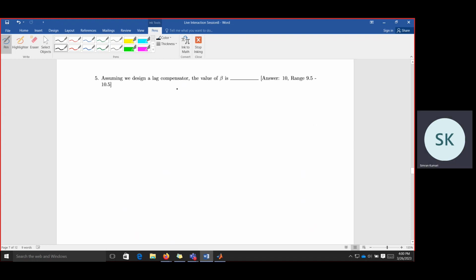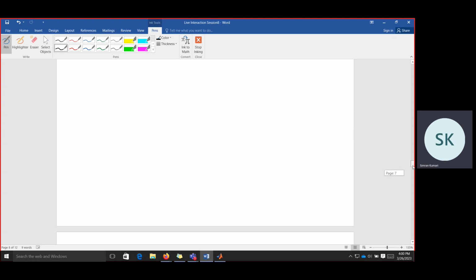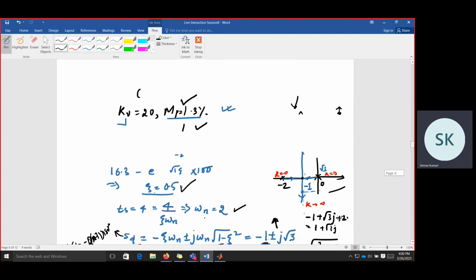Now suppose we design a lag compensator, the value of beta is. So from this question, these are all parts of the same question. So we have seen that okay, transient response is met, but we have this kV which is equal to 2. But what is the specification given for kV for the closed loop system?